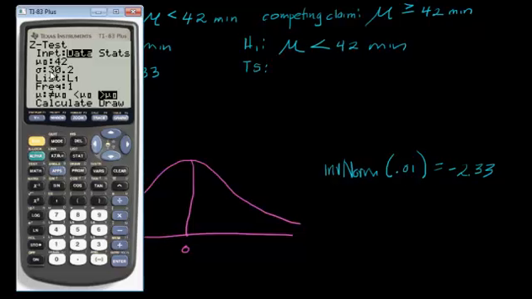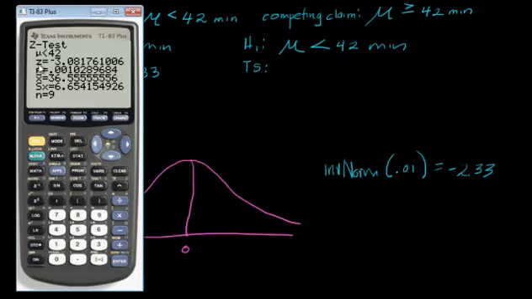The population standard deviation we were given was 5.3 minutes. The data is in list 1. If it wasn't, I could just tab down here and change it, but it was in my list 1, so I can leave that. Frequency is always left at 1. And we have a left-tailed test, so I'll tab to the left-tailed test, highlight that, and I'm ready to calculate.